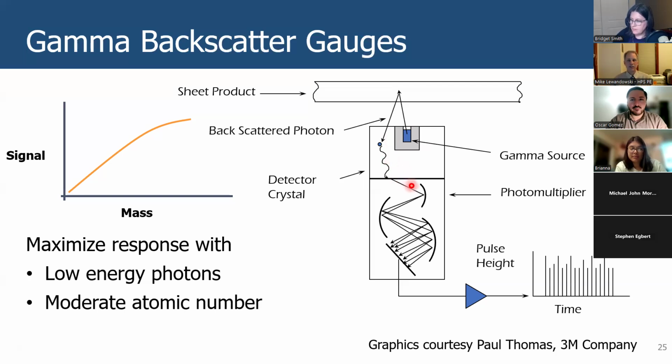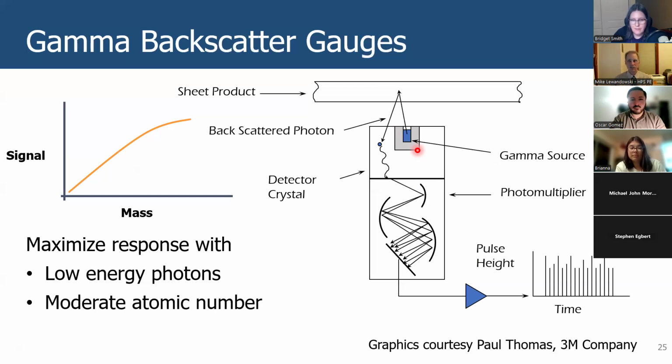That light can impinge on a photocathode and be converted to electrons, which are multiplied in a photomultiplier tube, and we end up with an electrical signal. The size of the signal will be proportional to the number of photons that are scattered back, i.e., proportional to the mass of the material in front of the radiation gauge. And again, over a defined range of masses, we get a relatively linear signal.